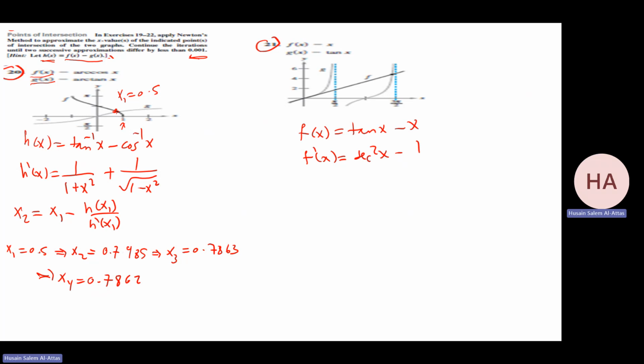I will choose a starting point; actually I have two intersections, but I'm dealing with this one. So choose x1 to be 4.5. If x1 equal 4.5, plug it into this.